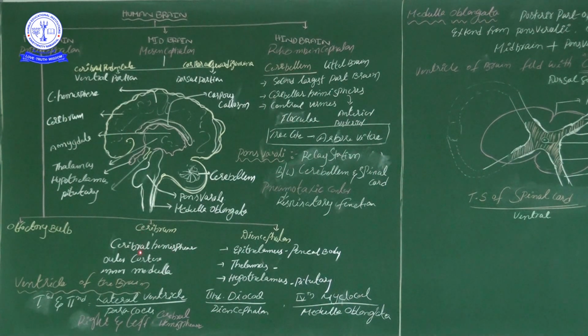In the cerebral hemispheres, the outer side is the cortex and the inner side is the medulla. The cerebral hemispheres are connected to each other by a nervous tissue called the corpus callosum, one of the significant characteristics here.